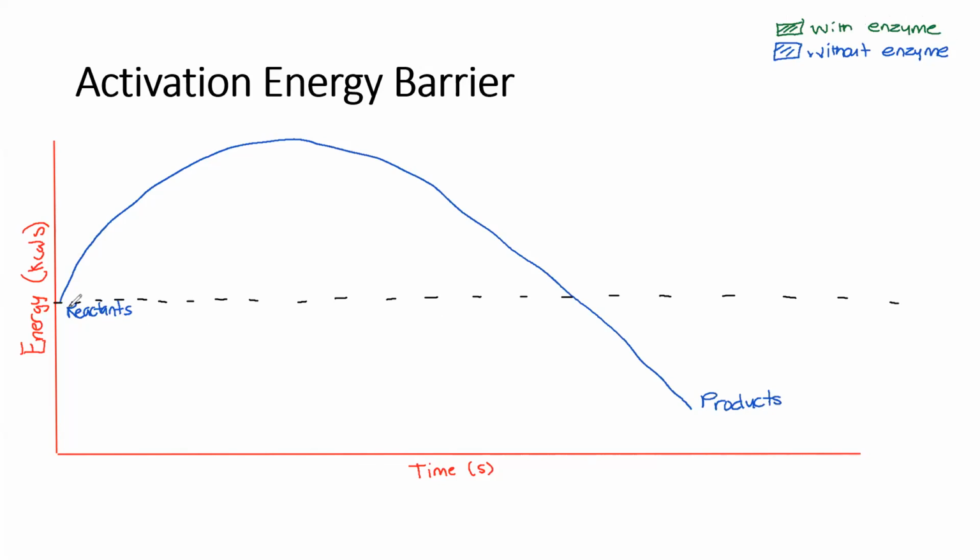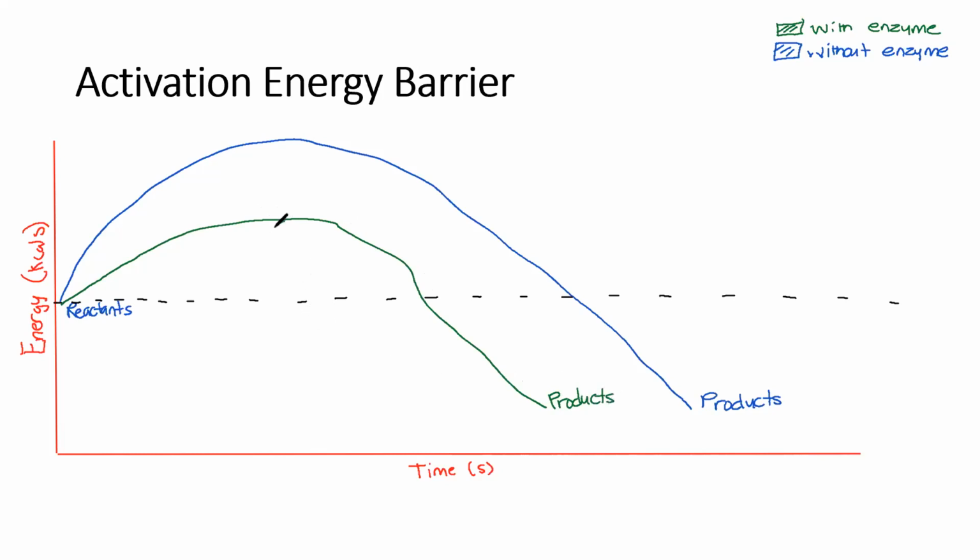So from reactants, we start over here again, and this is the energetic requirements. But then what we see is that we don't need as much energy. Also, the reaction proceeds much quicker. And in terms of time and energetic demands, we get to our products much sooner, okay?